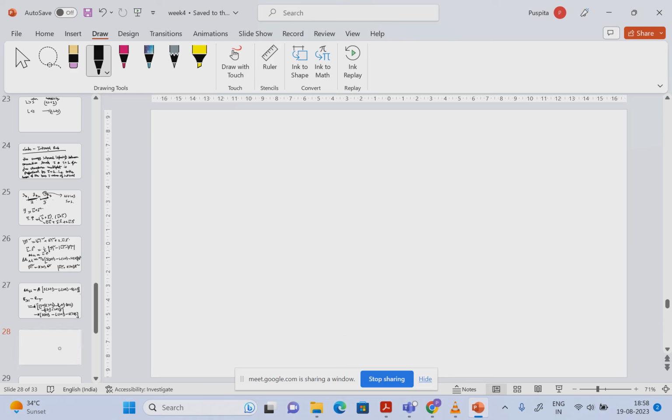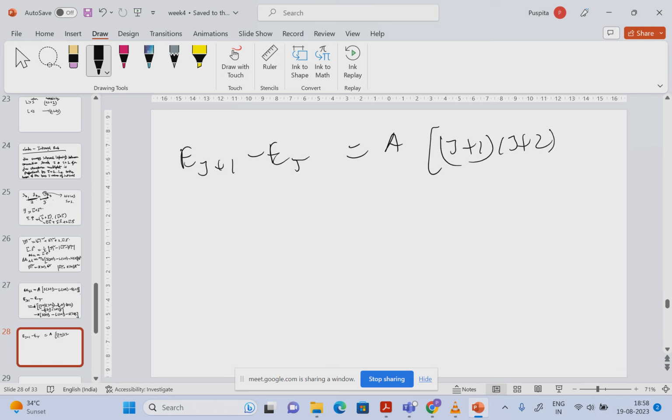After all this calculation it comes out like A by 2 times J plus 1 into J plus 2 minus J into J plus 1, and that is A times J plus 1.